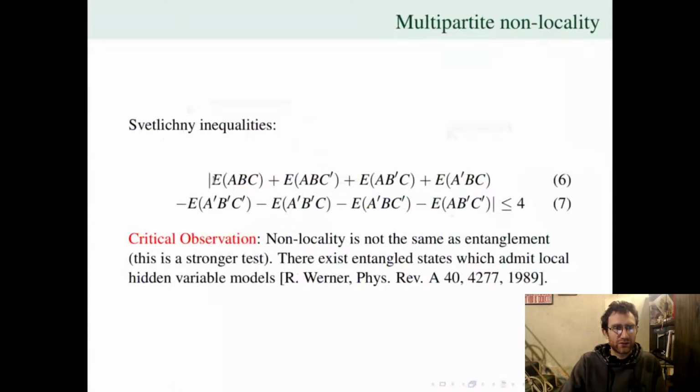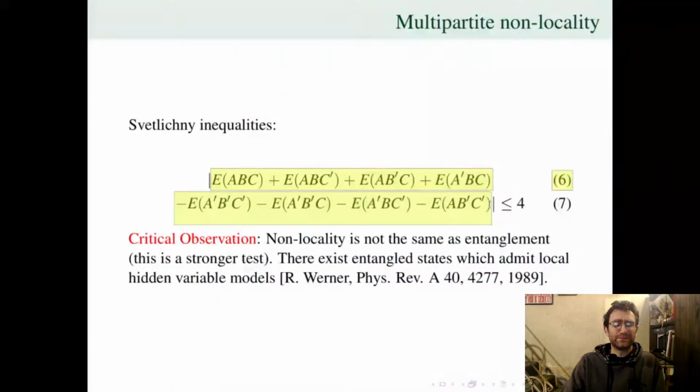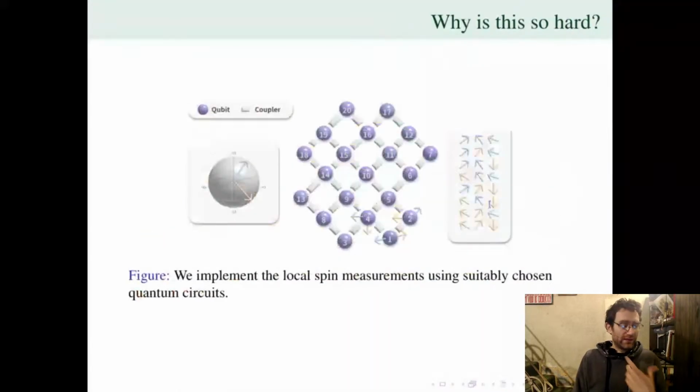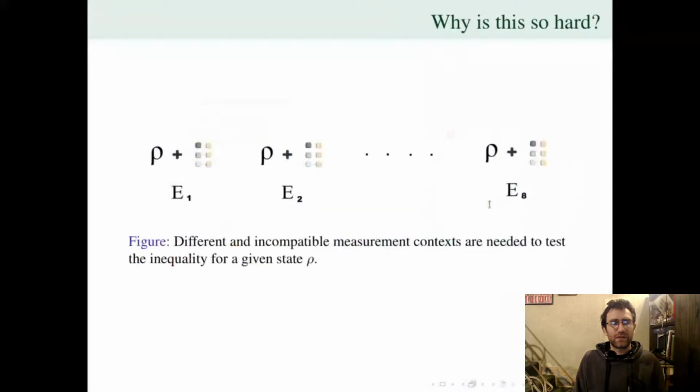Remember that in order to do this test, you need to compute these correlation terms. In the 3 particles case, there are 8 correlation terms, and we need to do the statistics for all of them. So what you need to create is the set of circuits. There will be, for each test, 8 circuits, each one representing a given correlation term.